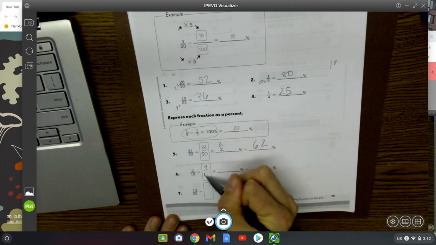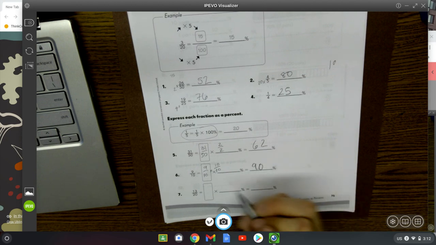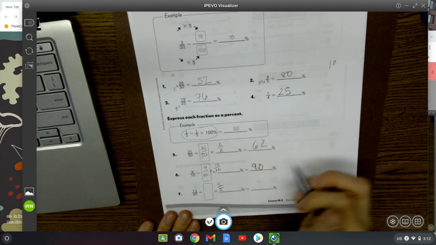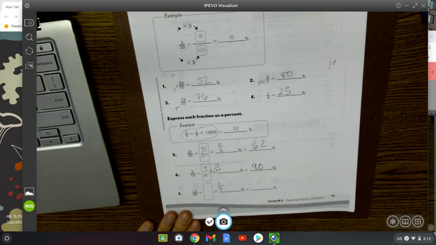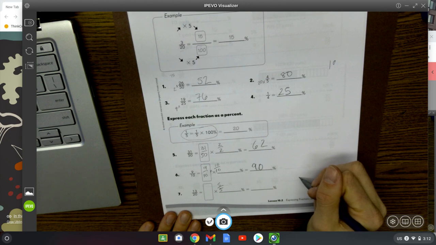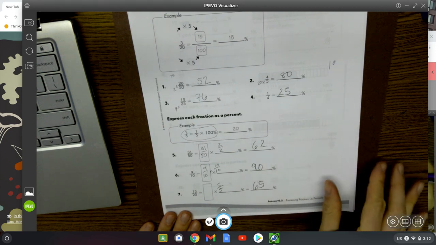We go 9/10 times 10 over 10 gives me 90%. Here we want to go times 5 over 5. 13 times 5 is 10 times 5 is 50 plus 3 times 5 is 15. That is 65.